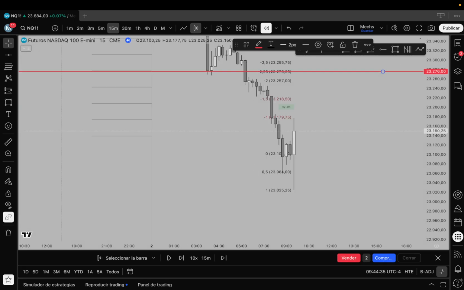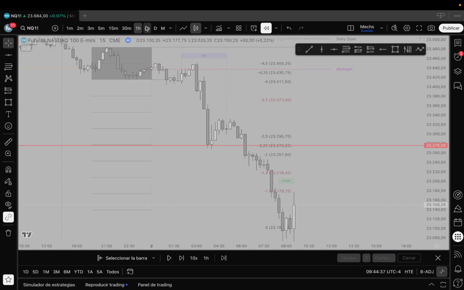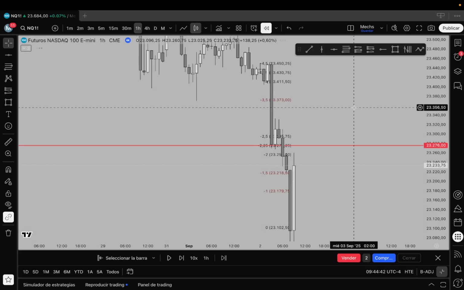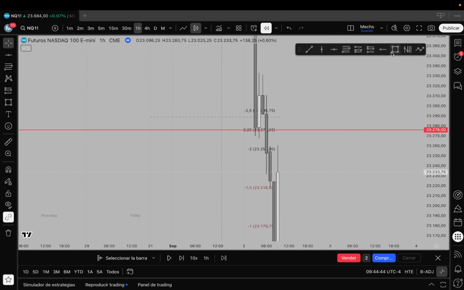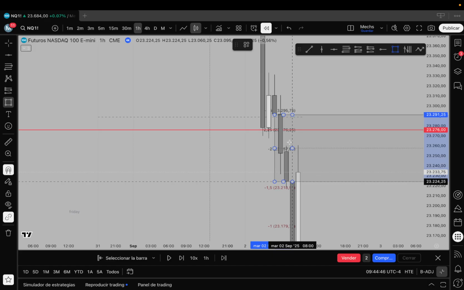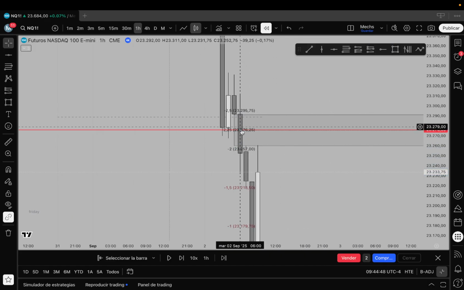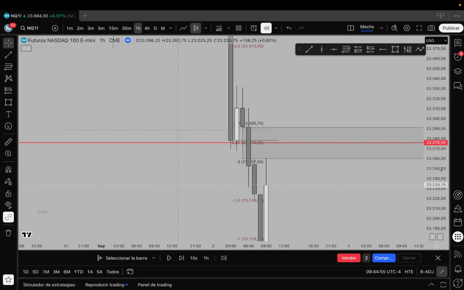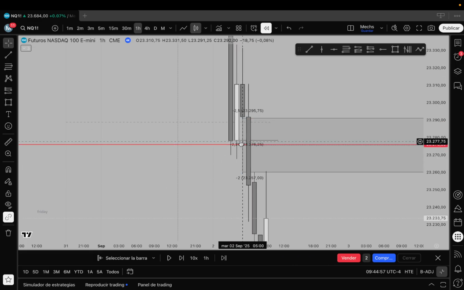Actually 276. Okay, why here? Because in the 1 hour it was the CE of this, I think. Wait, yeah, it was the CE of this fair value gap. Also it was this change state of delivery, or this order block.